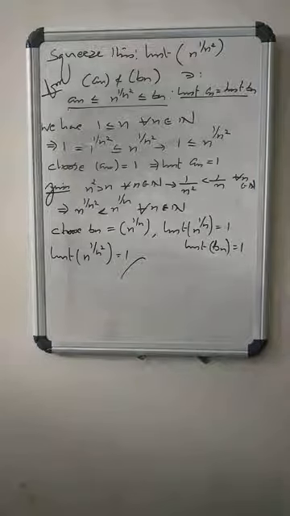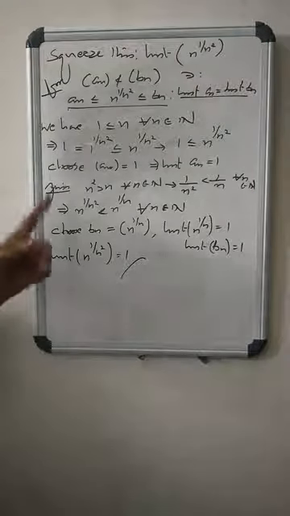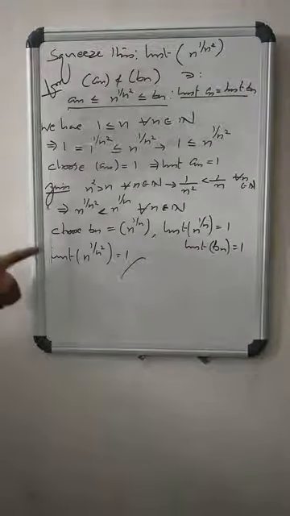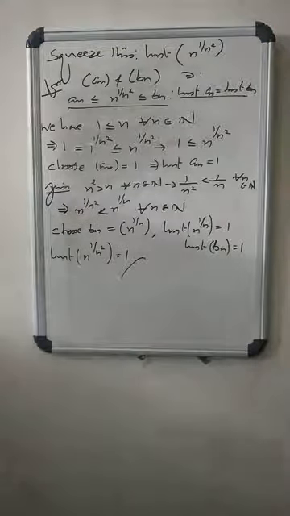Agreed? In order to apply the Squeeze theorem, we have to find two sequences an and bn which satisfy an less than or equal to the given sequence less than or equal to bn, with limit an equals limit bn. Then you can construct an and bn in such a way that limit an equals limit bn equals 1, and then you can apply the Squeeze theorem.